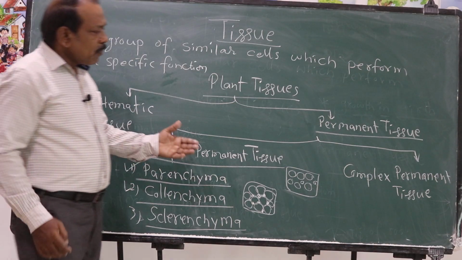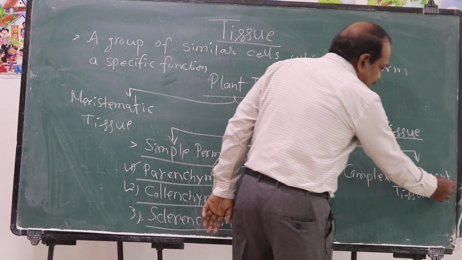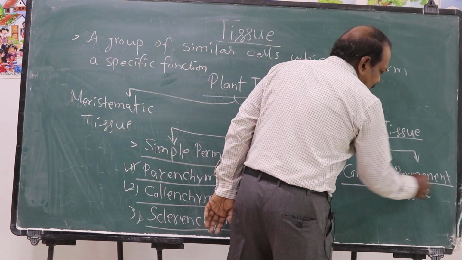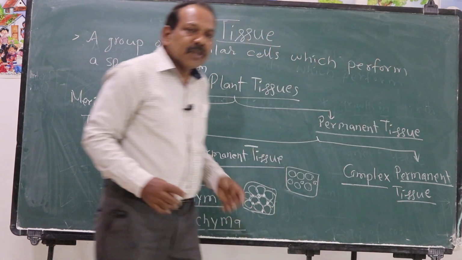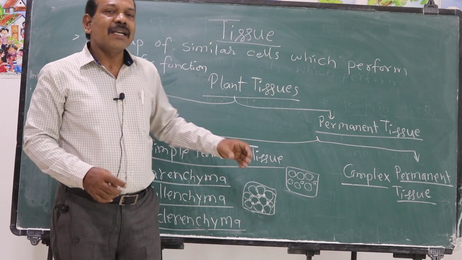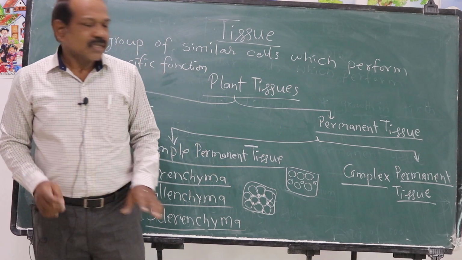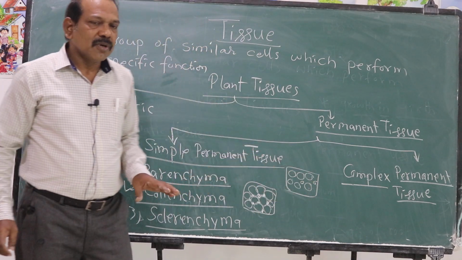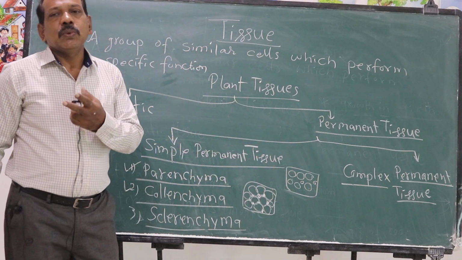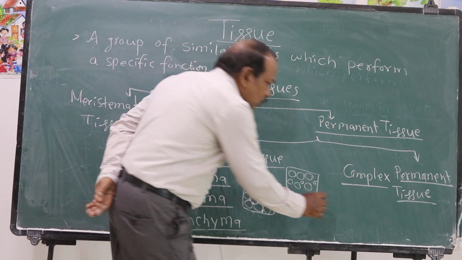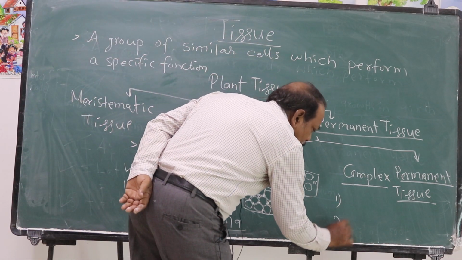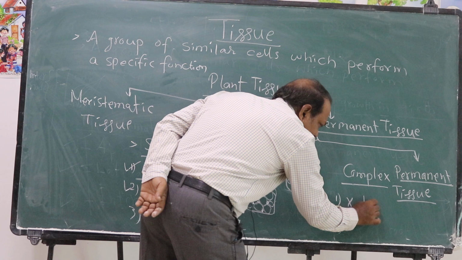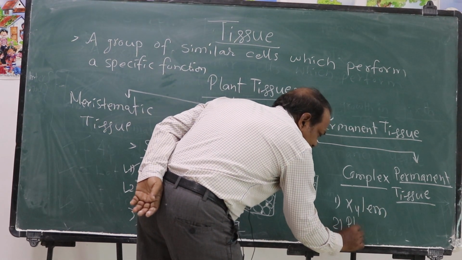When it comes to complex permanent tissue, as I told you in the beginning itself, complex in the sense there are different types of cells in the same tissue which ultimately perform the same function. Let us try to understand what are the different types of complex permanent tissue. Complex permanent tissue is of two types: one is xylem, the other one is phloem.